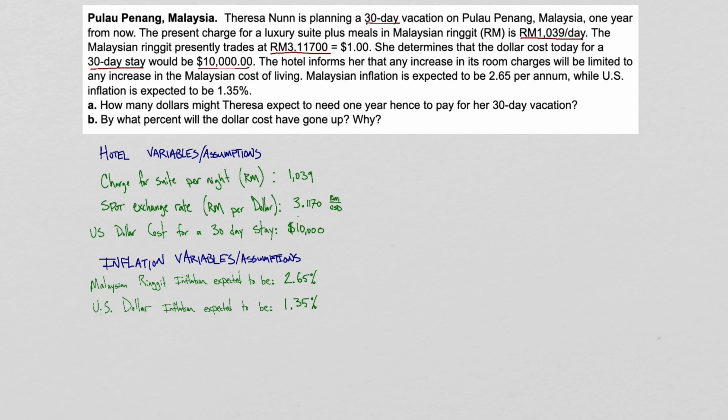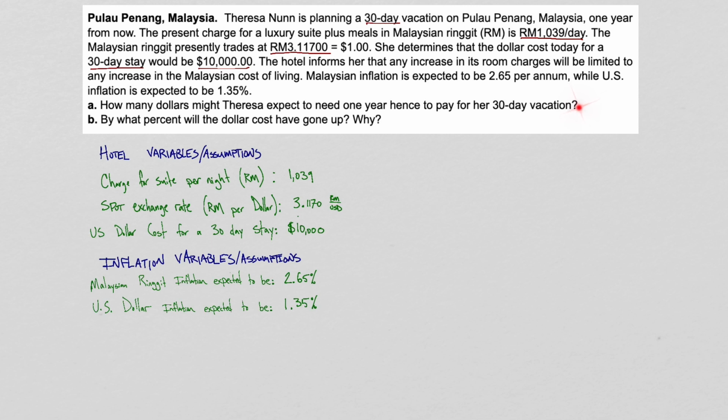And what we're being asked here is first, how many dollars, US dollars, might Teresa need to have to do this stay 1 year from now? And by what percent will that dollar cost have gone up and why?